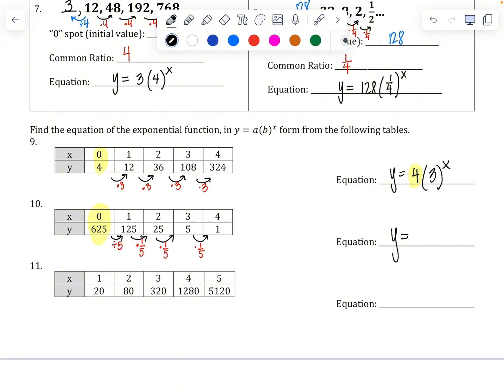It's the initial value first. It's in yellow. 625. And then times 1/5 to the power of x. Okay, just like the previous problem, same format. Good job.